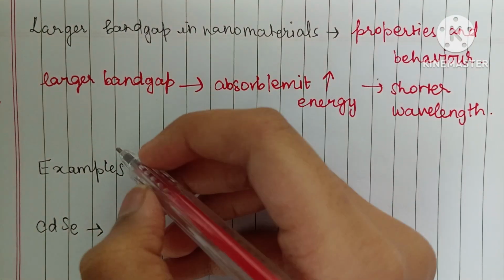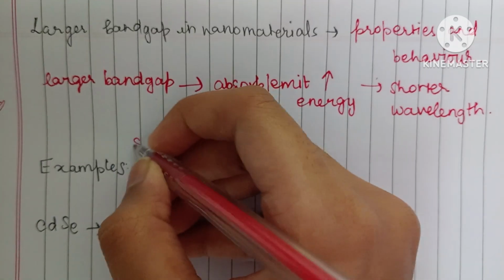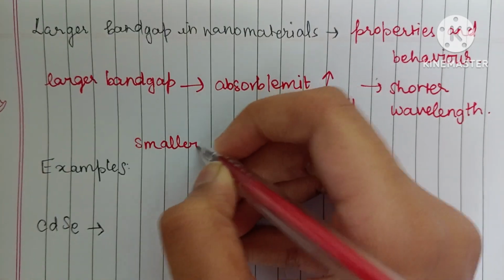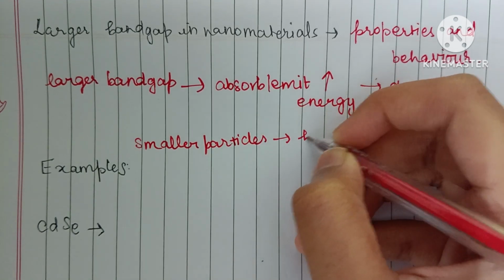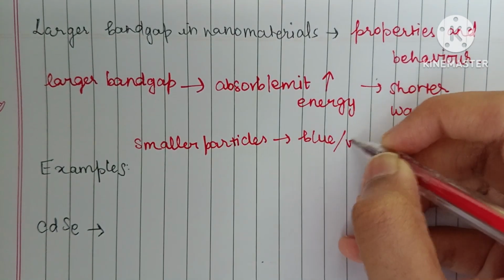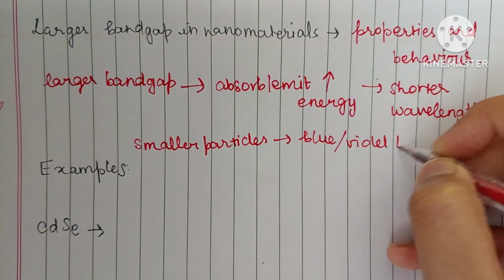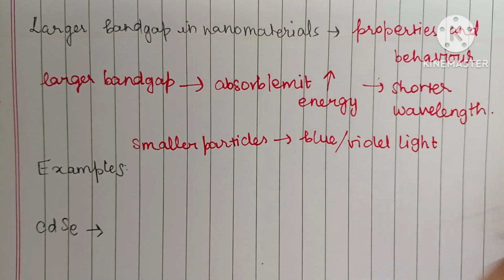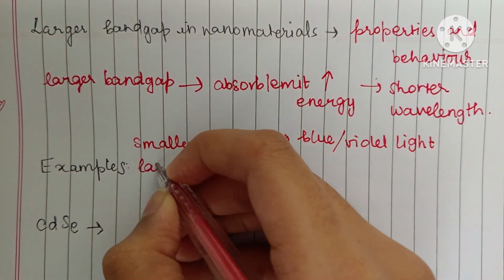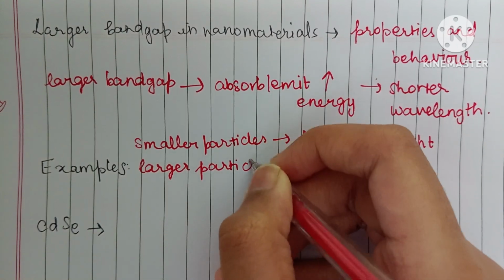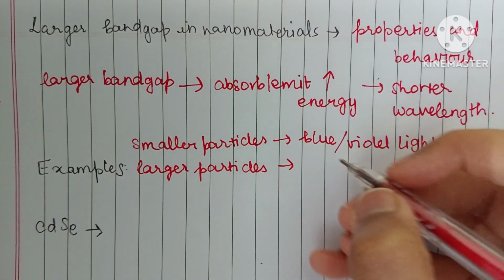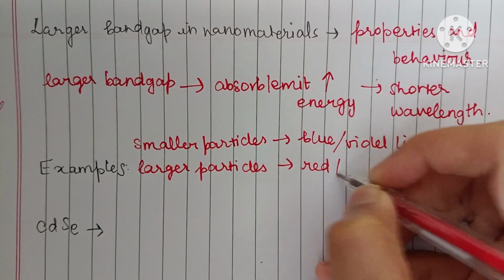An example is in quantum dots, the smaller particles emit blue or violet light, while the larger particles emit red or yellow light.